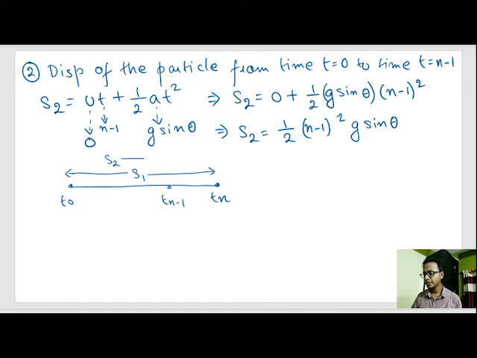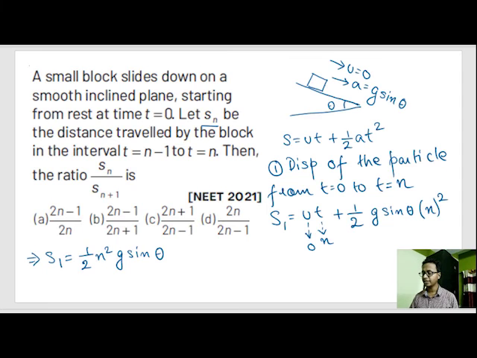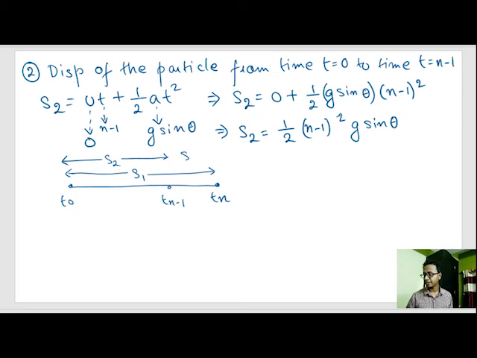So Sn is nothing but S1 minus S2. Why? Because it is the distance travelled from the interval t is equal to n minus 1 to t is equal to n. So this much distance Sn is nothing but S1 minus S2.